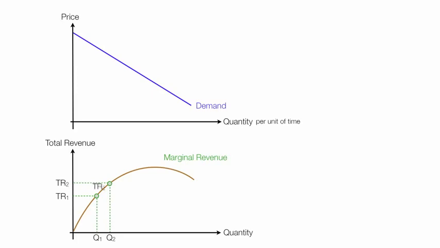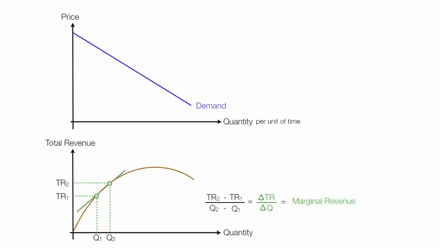So I take total revenue 2 for my second quantity minus my first total revenue 1, divided by the second level of quantity, or Q2, minus Q1, the first level of quantity. And this is equal to a change in total revenue divided by a change in quantity. Again, change is that little delta sign, Greek sign for delta. And this is equal to marginal revenue.